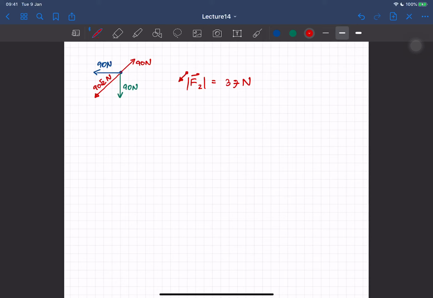Okay, if any step is unclear, please let me know, because you're going to be doing this kind of problem for sure, I guarantee you, on the final exam.